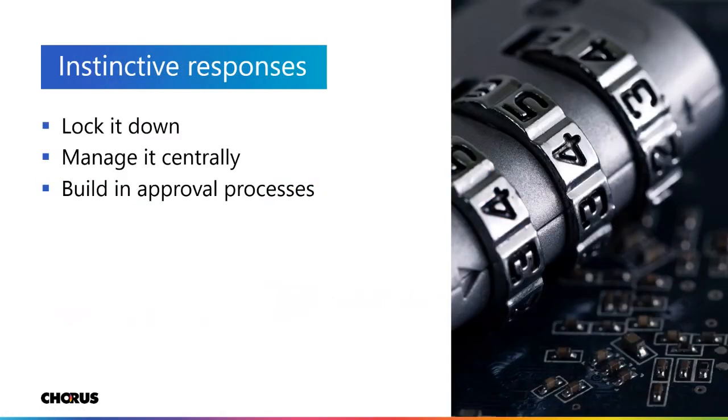So, instinctive responses to some of those concerns. People want to lock things down, they want to take central control, they want to build in approval processes, basically manage how and when teams, Microsoft 365 groups, and SharePoint sites are created. The trouble with this approach is if you make it too difficult for users to get up and running, they tend to go elsewhere.